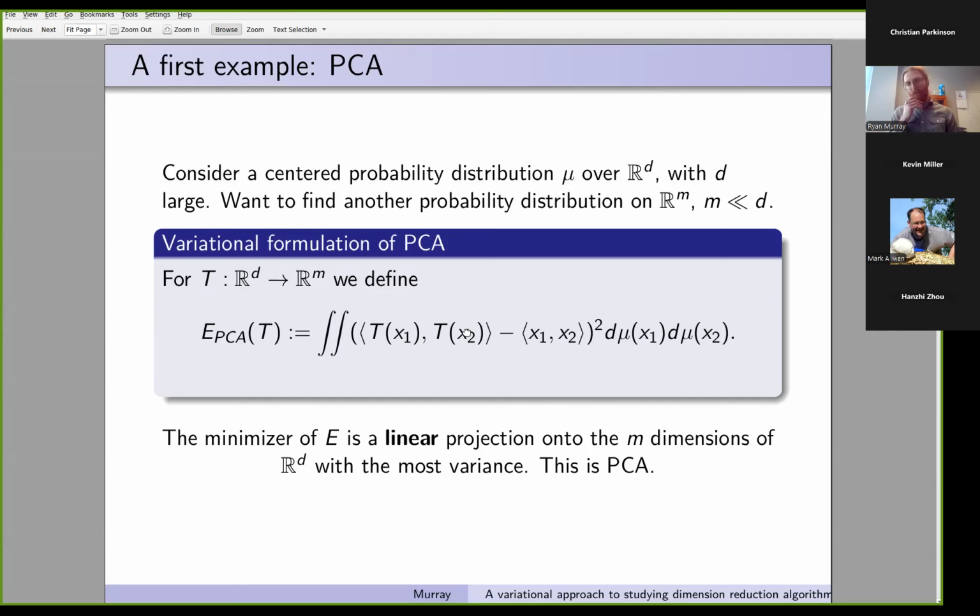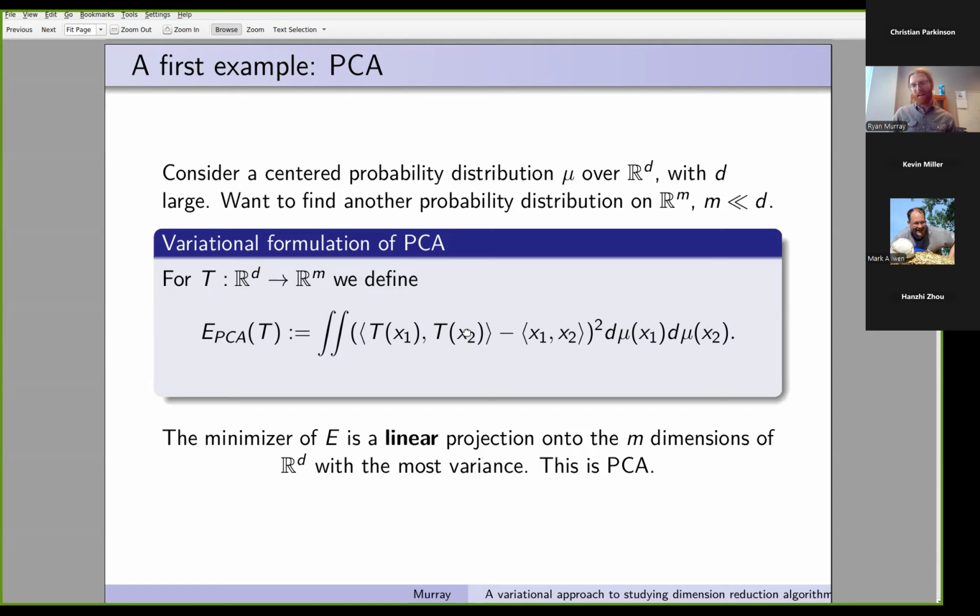One can take this energy and do a little bit of work, in either the discrete or the continuous case, and show that the minimizer of this energy is always a linear function. It is a linear function which projects onto the m dimensions of R^D that contain the most variance of the original probability distribution mu.